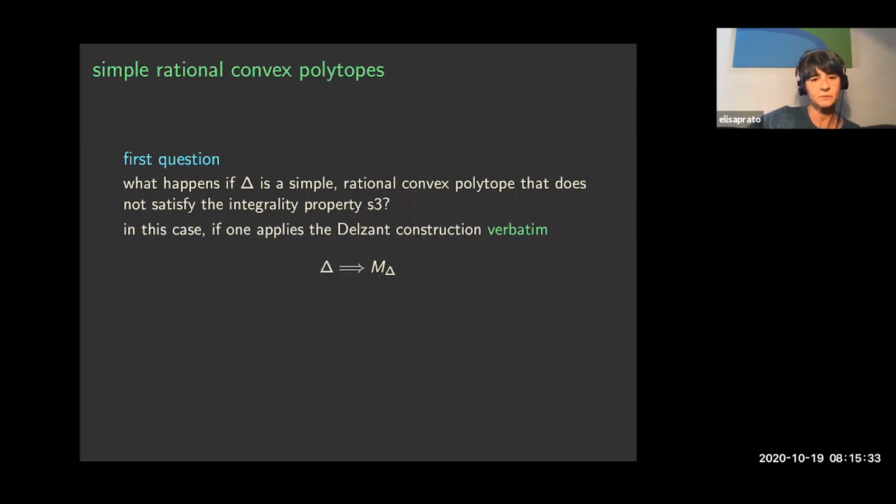And this was addressed by Lerman and Tolman in the 90s, but it's not difficult to understand what happens if one applies the Delzant construction step by step. One gets orbifolds, orbifold type singularities when one performs the quotient. And Lerman and Tolman have called these spaces symplectic toric orbifolds.